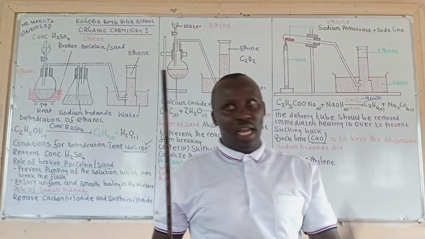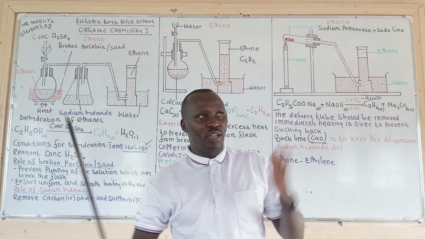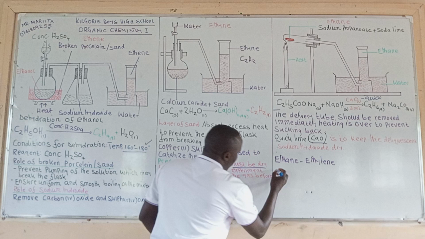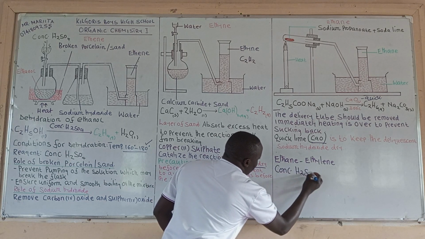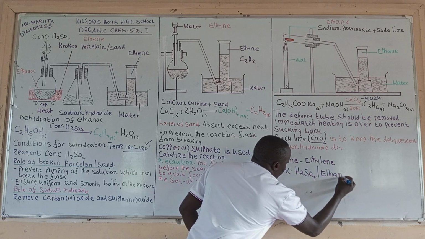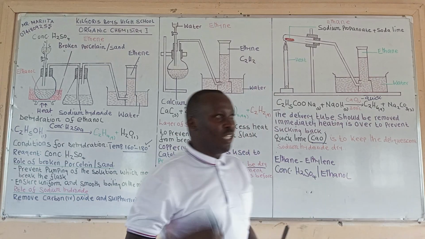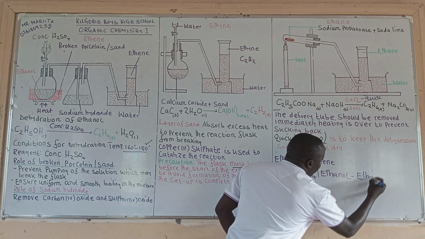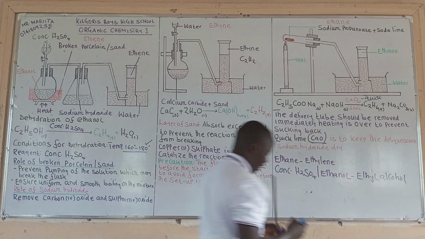Another method is a reaction between concentrated sulfuric acid and ethanol. Ethanol is sometimes called ethyl alcohol.